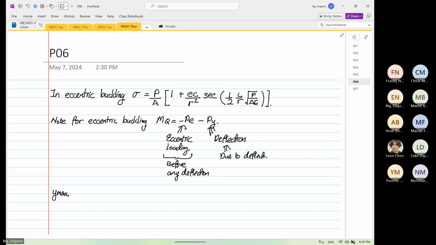So Y max is equal to E multiplied by secant square root of P over E I, multiplied by L over 2. This whole thing is in a bracket, and minus 1.